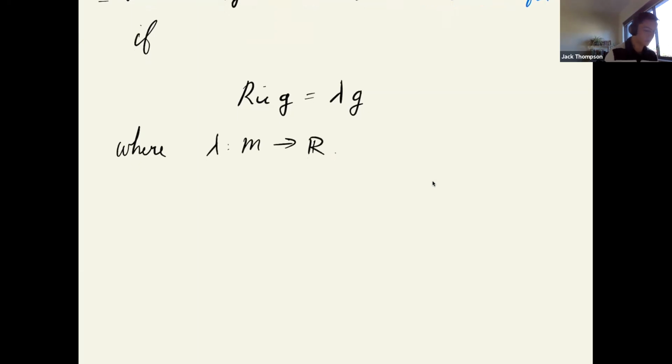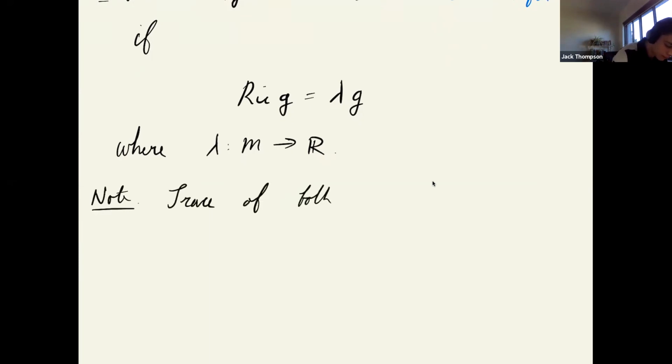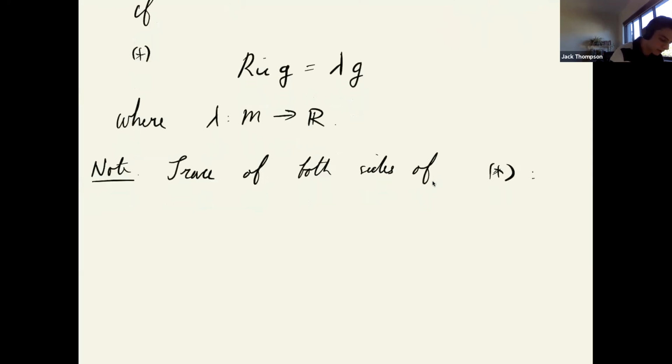So straight away we can actually calculate what this lambda is. If I take the trace of both sides, on the left-hand side I get the scalar curvature, while on the right-hand side the lambda stays the same.